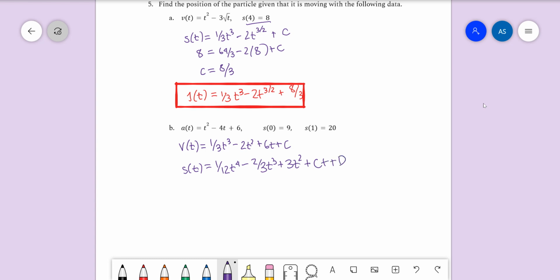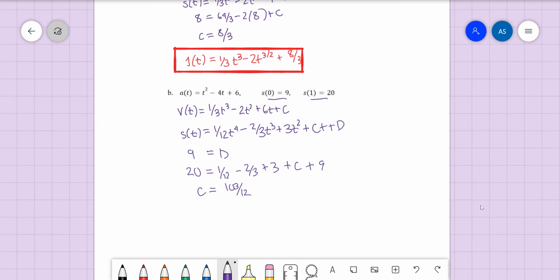Then, after that, we can apply our initial values that we have. So if you do s of 0 equals 9, you end up getting 9 equals d. And for the second one, we did 20 equals 1/12 minus 2/3 plus 3, and then plus c plus d. And d is actually 9, so just go and substitute it in. Solve for this, you'll get c equals 103 over 12.